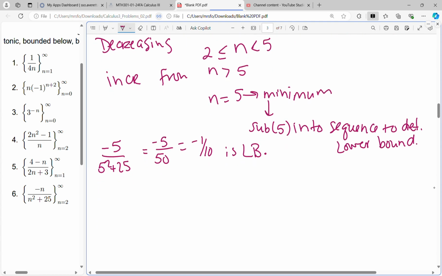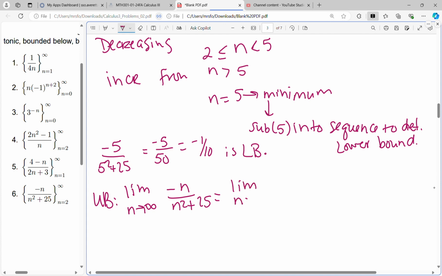And for the upper bound, we would try to take the limit. The limit as n approaches infinity of negative n over n squared plus 25.